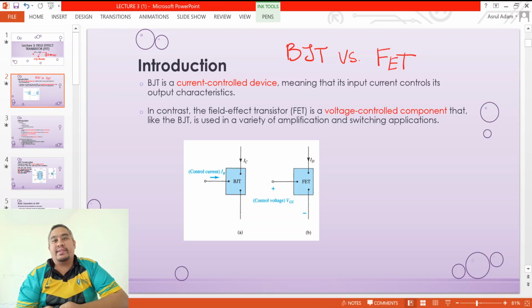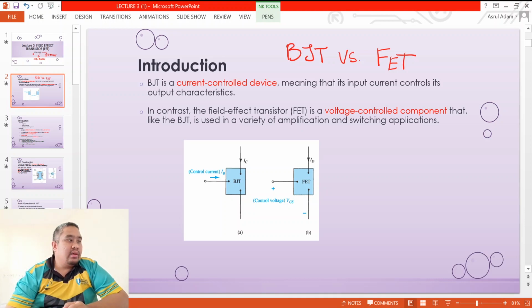So both devices, BJT and FET, we can use as an amplifier or in switching applications. But you have to know that BJT is a current control device, and FET is a voltage control device.